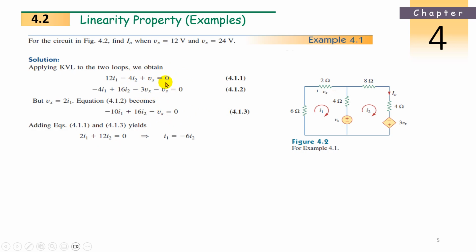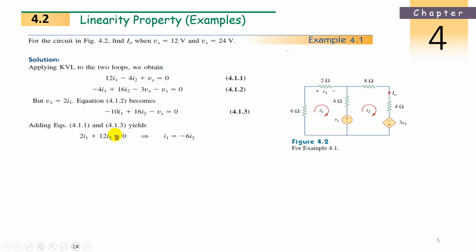This becomes 0. Now minus 4 I2 plus 16 I2, what will remain? 12 I2, right? Next, plus 12 I1 minus 10 I1, 2 I1 it will become. So 2 I1 plus 12 I2 equal to 0, because Vs in this equation and Vs in that equation will cancel.